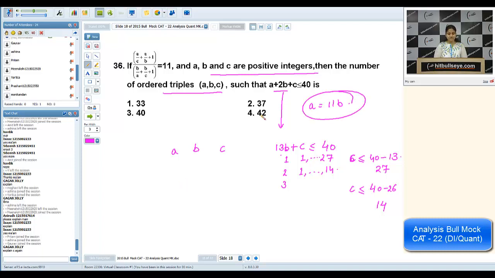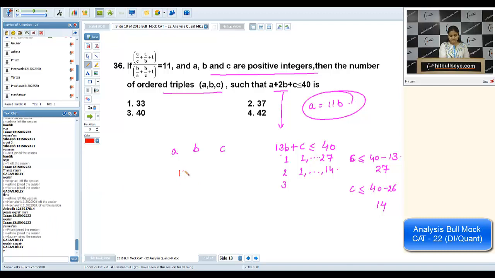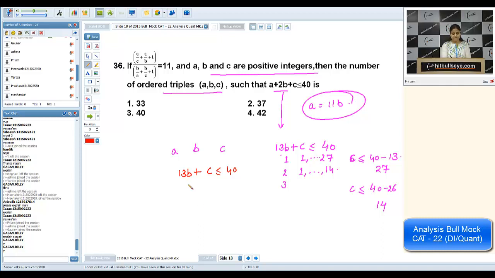a is equal to 11b, Gagan. So if I put a is equal to 11b, I'll be left with this equation: 13b plus c less than or equal to 40. Then I said the least value of b can be 1 and the maximum value of b can be 3. Is it okay, Gagan? So if I put b as 1 here, it will give you 13 into 1, which comes out to be 13, less than or equal to 40.